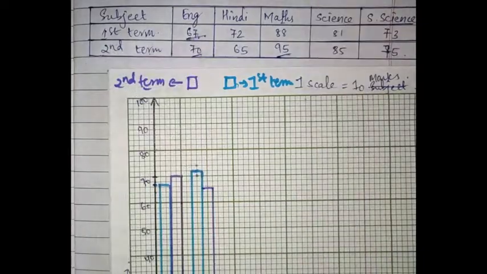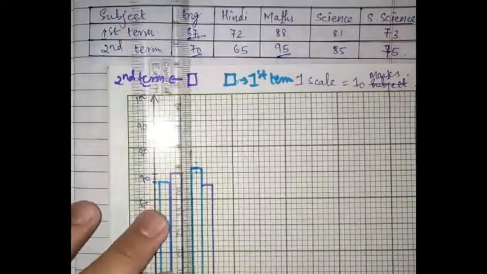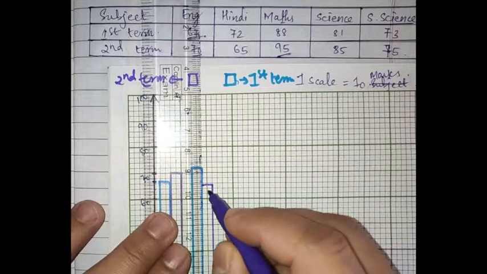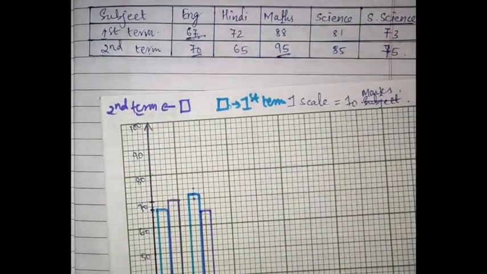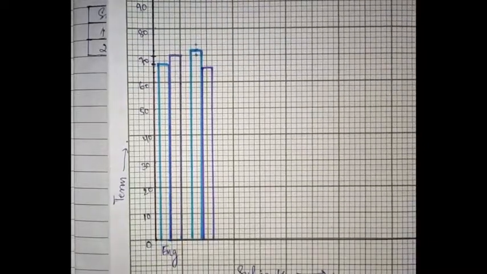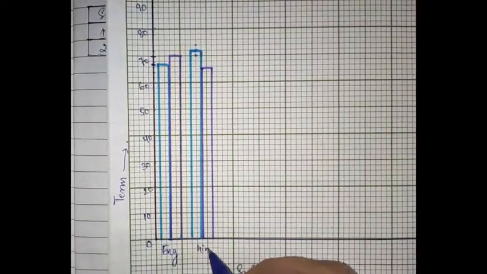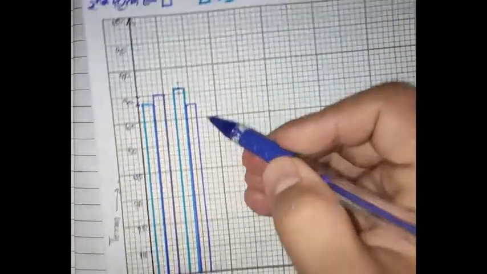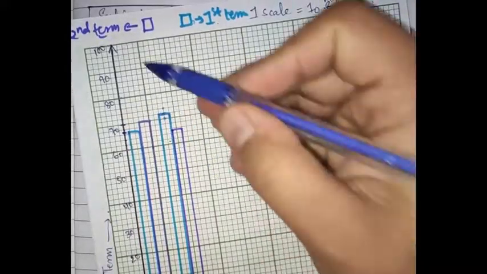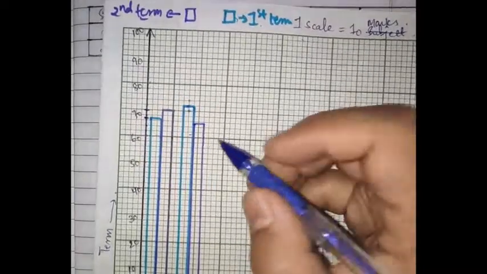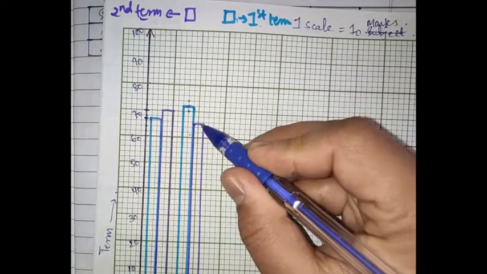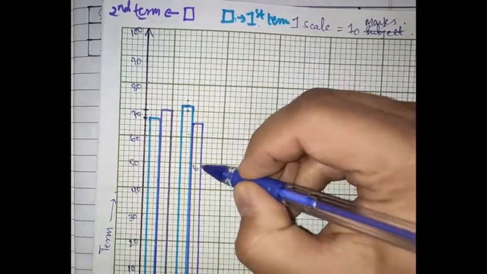You can make it directly over here, or you can write it like this also. This will be representing the marks for Hindi in the first and the second term. This is for the first term, as I mentioned here, and this is the second term which I have written here. This is represented for 65 marks.